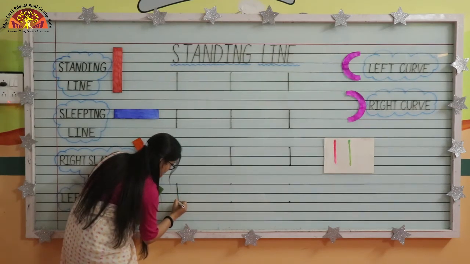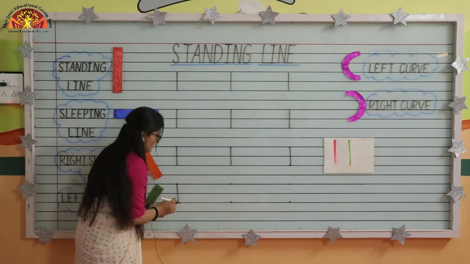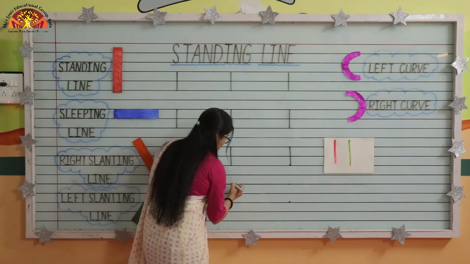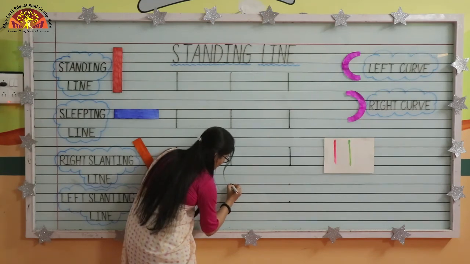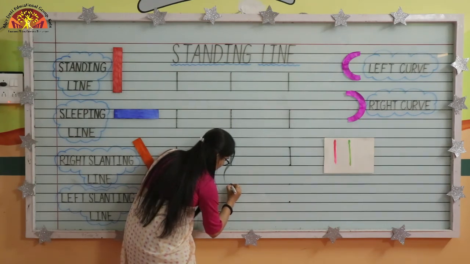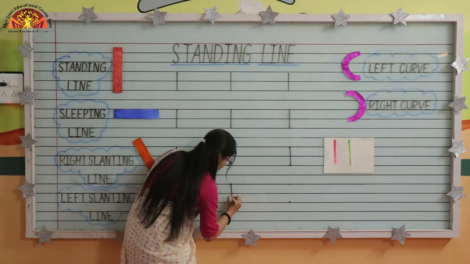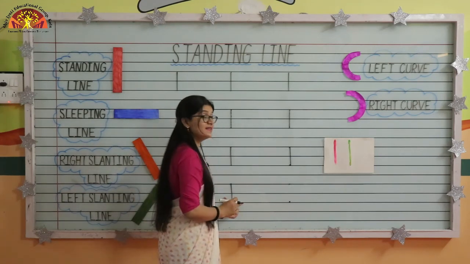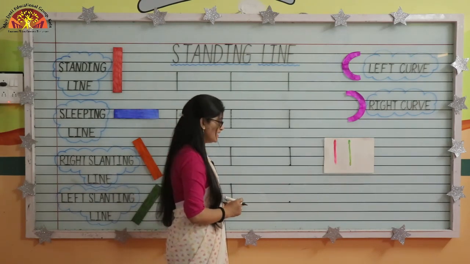What is this? This is standing line. Okay? Draw it again. Put your crayon here. Make a straight line. Join the dots like this. What is this? This is standing line.